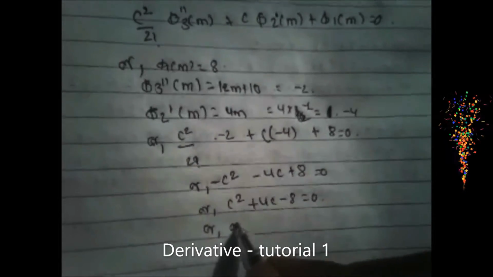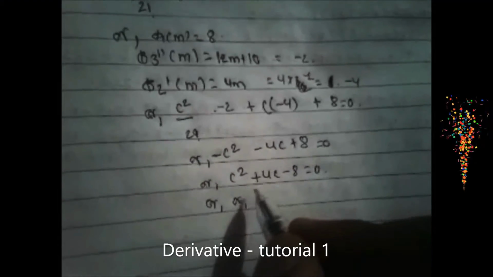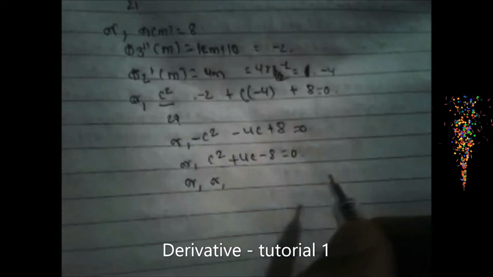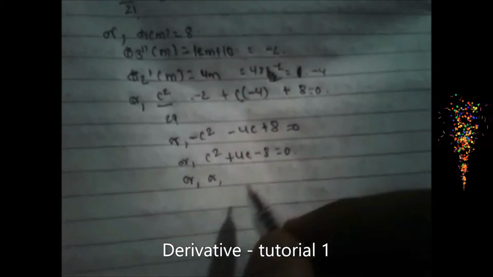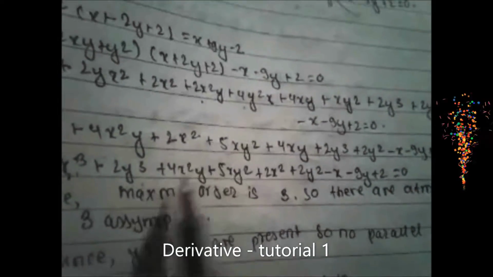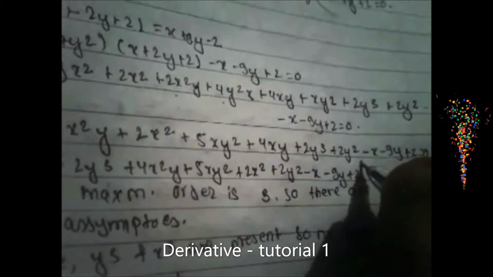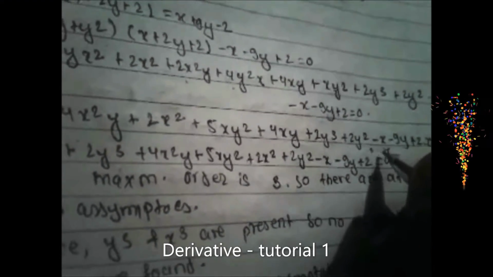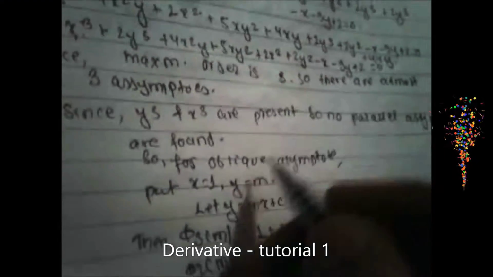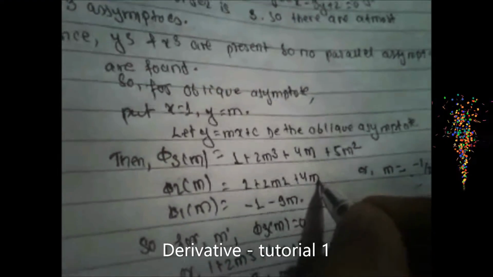So we have to find the value of c. I think something is being missed here, so we are going to check it. Your 4xy is missing, so we add here plus 4 of xy, which is second degree, so we go to the second degree, plus 4m.